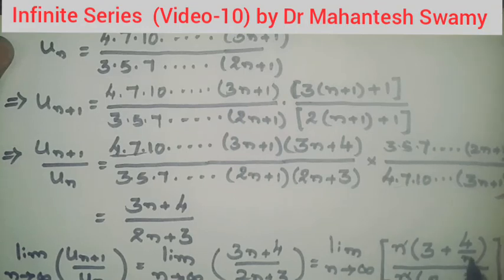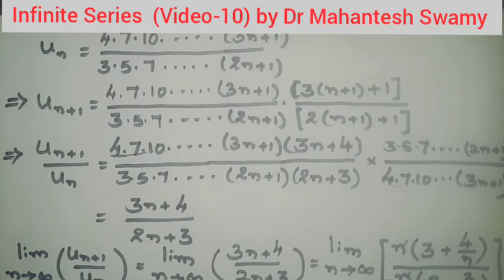In the remaining thing, if we put n equal to infinity here, the final answer is 3 plus 0. 4 by infinity is 0. Therefore, it is 3 plus 0 divided by 2 plus 3 by infinity which is again 0. So it is 3 by 2 plus 0. So the answer is 3 by 2 whose value is 1.5.